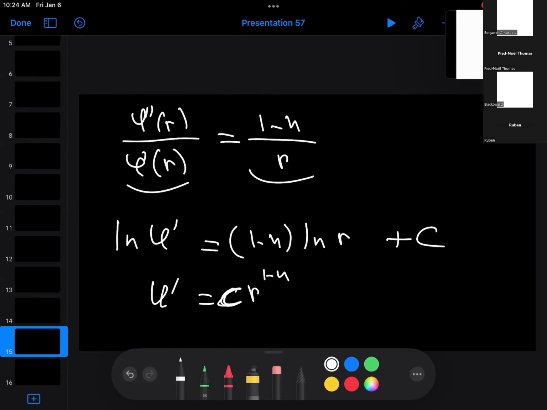And if I do it again, it means that phi equals a constant c times r to the 2 minus n divided by 2 minus n, plus another constant. Let's choose this equal to 0.